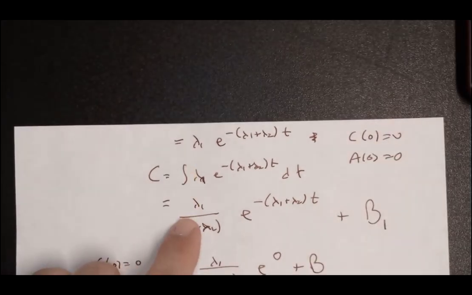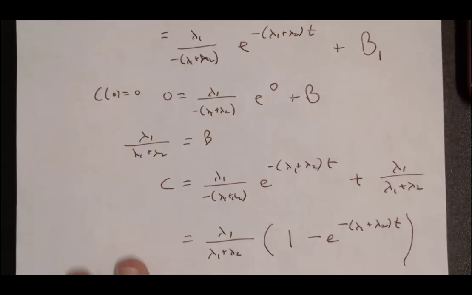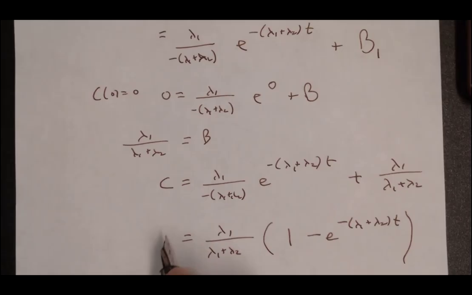All the way through, it's going to be a lambda 2. So following the exact same process, I get that A of T is lambda 2 over lambda 1 plus lambda 2, times 1 minus e to the negative stuff. Boop.